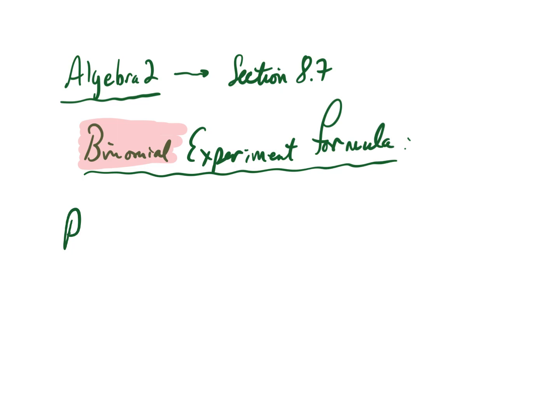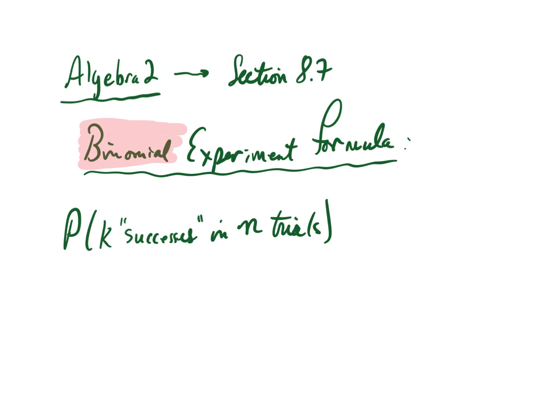All right, so we start with P for probability. What we're taking the probability of are what are called successes. So we're going to calculate the probability of K successes in N trials. The trials would represent the total number of questions on your test, as an example.